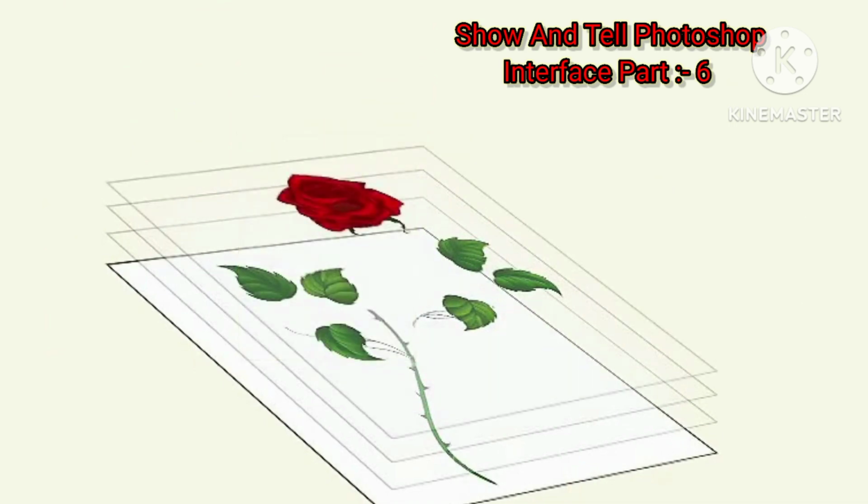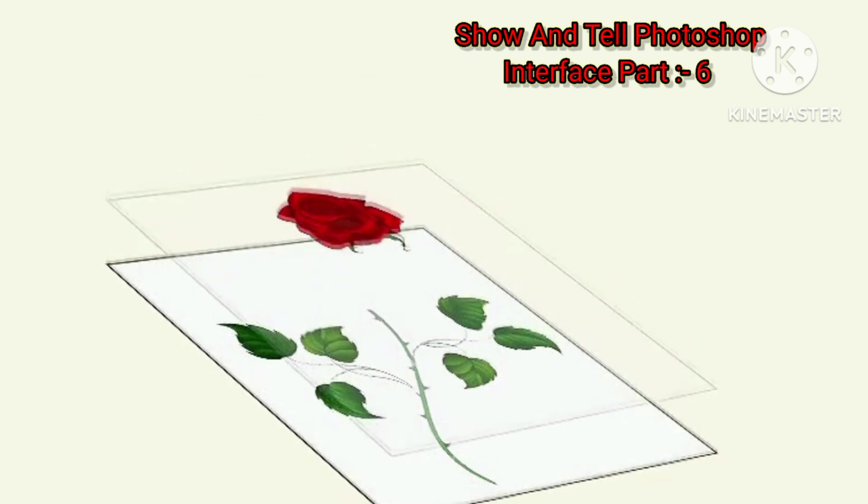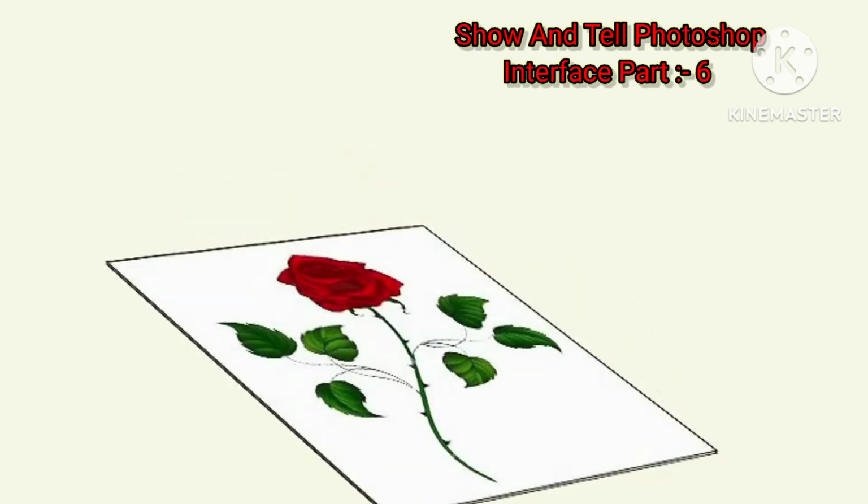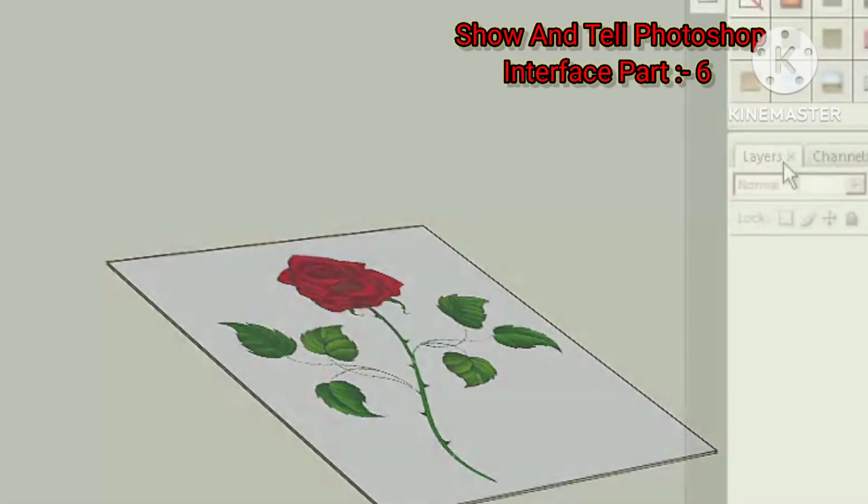If they are placed one on top of each other, a flower is seen. If we work on the flower, the stems are not affected because they are on separate sheets. Layers in Photoshop are like these transparent sheets, and layers are the most important part of Photoshop.